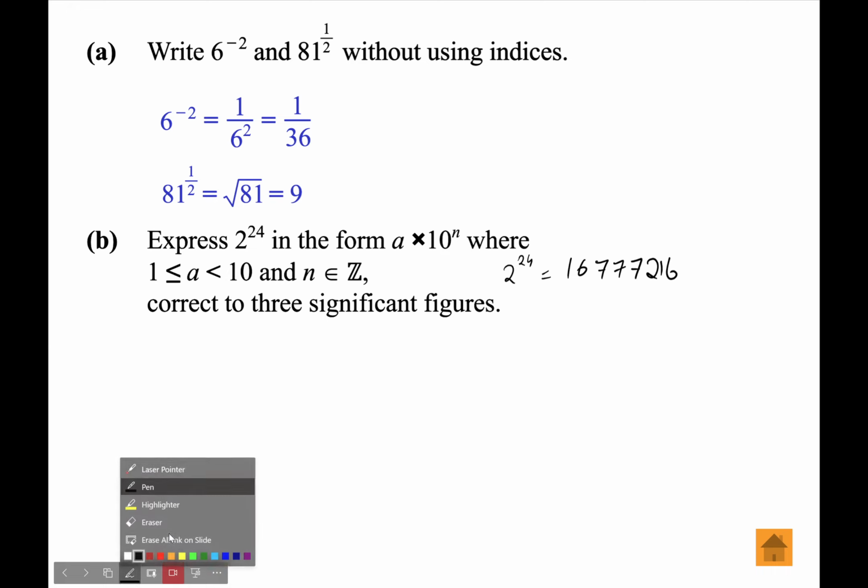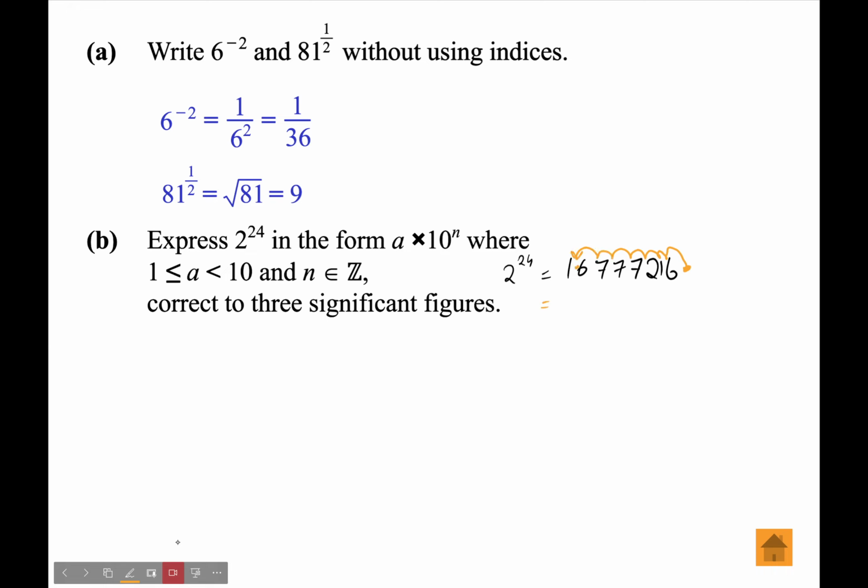If I think about, well, the decimal point would be here at this place. If I wanted in scientific notation where there is one digit to the left of the decimal, it'd be 1, 2, 3, 4, 5, 6, 7 jumps to make that happen. So this number could be written as 1.6777216 by 10 to the power of 7.